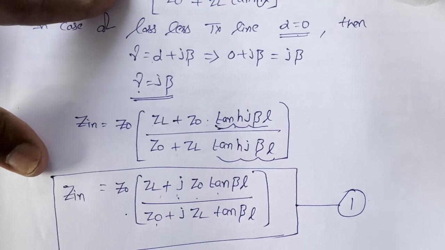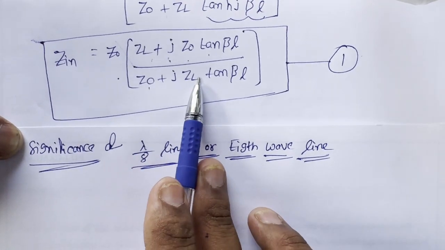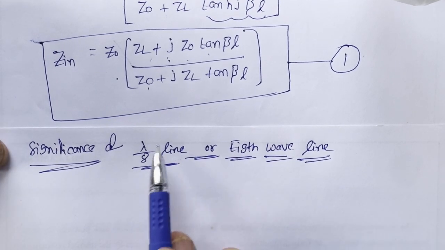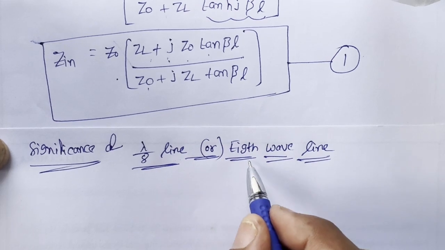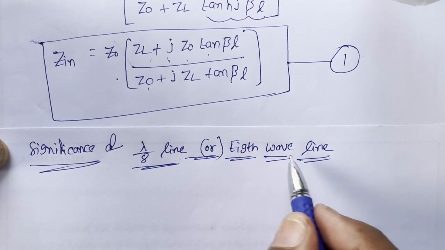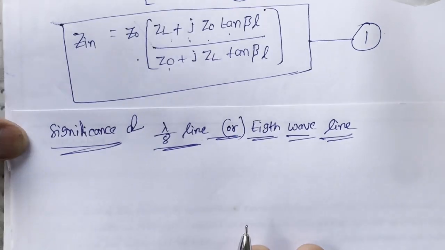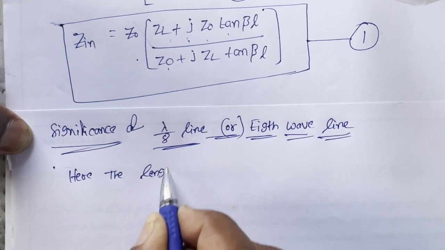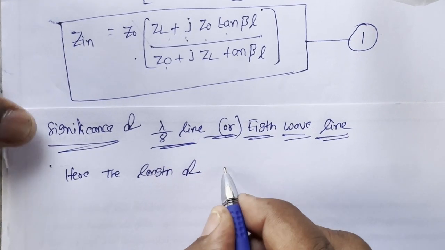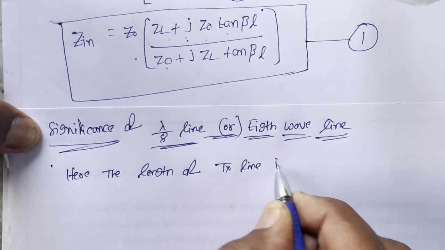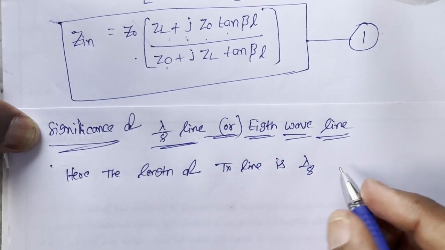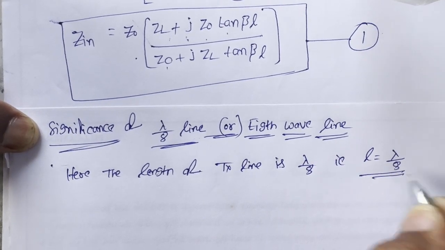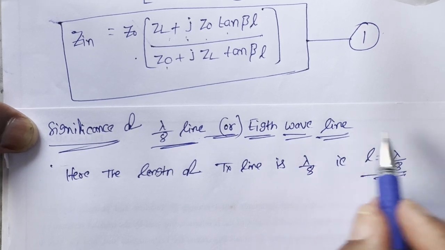First, I am finding the significance of the lambda by 8 line, or it may be called the 8th wave line. Here the length of the transmission line is lambda by 8, that is L is equal to lambda by 8. So it is called the 8th wave line.